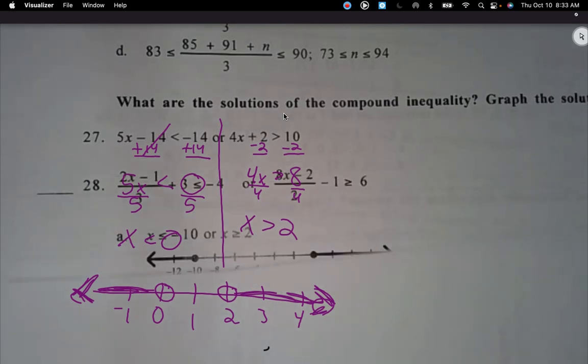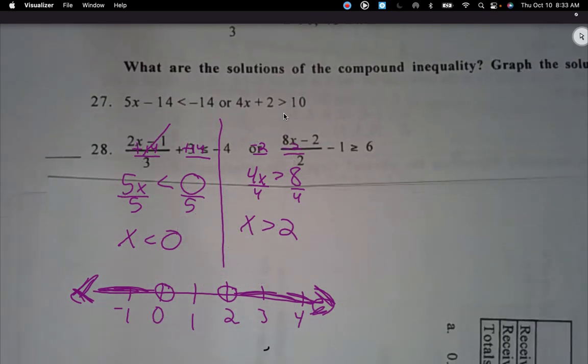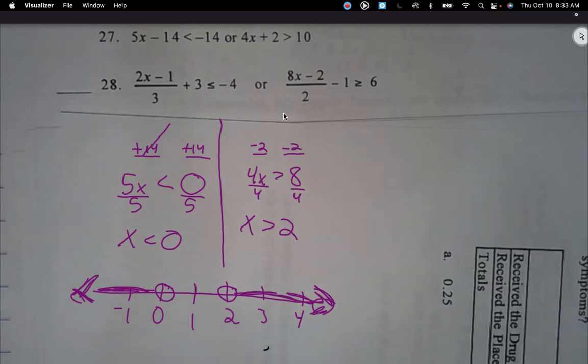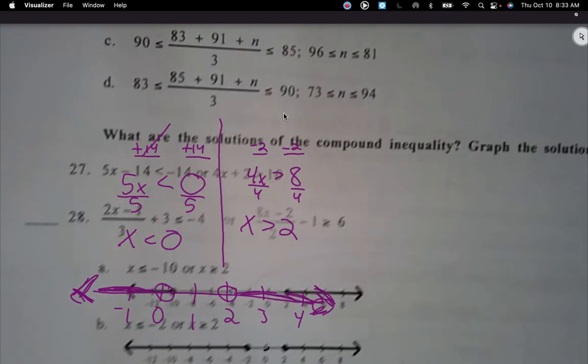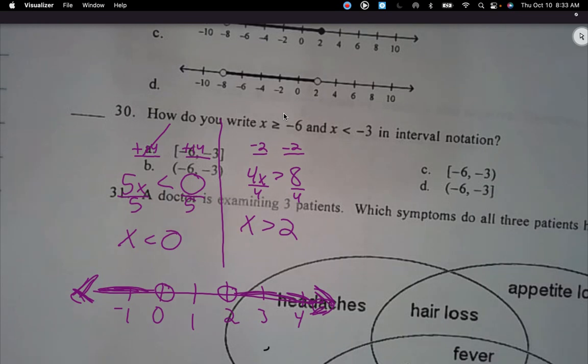I think everybody's got it. Okay, 28. This one is another one. I think I'm going to take 28 off there. So I'm not going to do 28. Oh, good. I finished a whole other page. 29 is easy work. Okay, 29 and 30 and 31, they're all going to be on there.